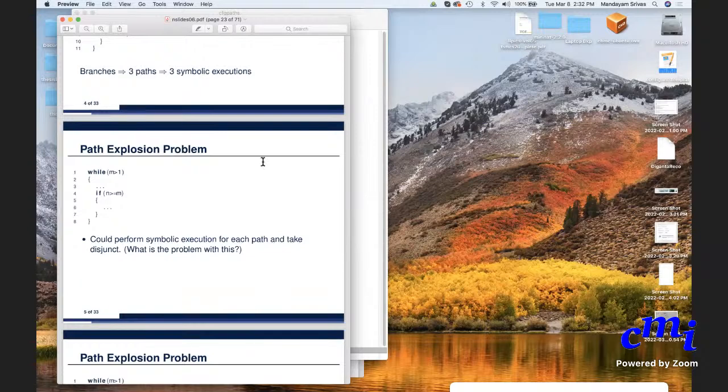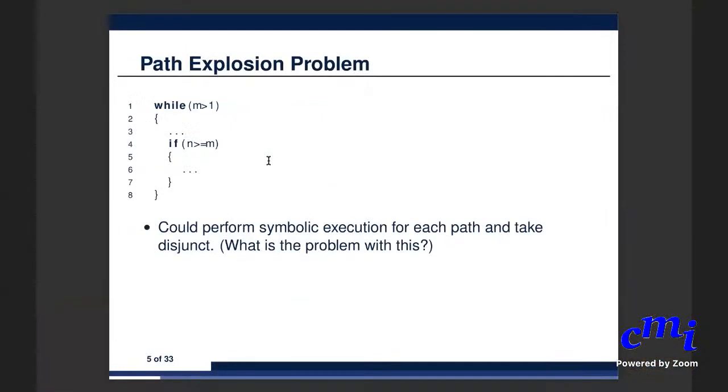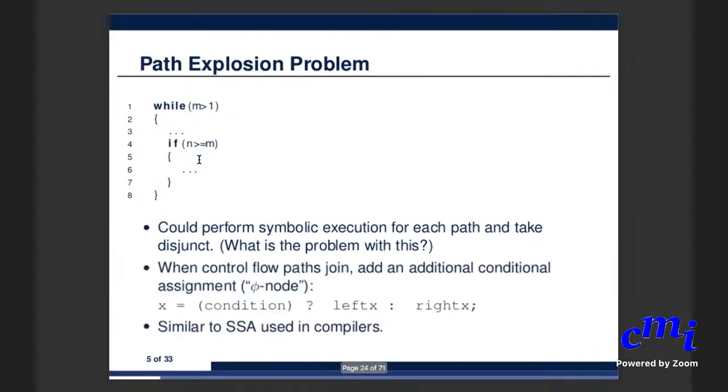The problem is that you have an exponential number of symbolic execution paths to consider, because for each iteration, if there are n branching expressions, it gets multiplied by those things. The number of verification conditions you have to generate will be infinite. I'm sorry, it will be exponential.